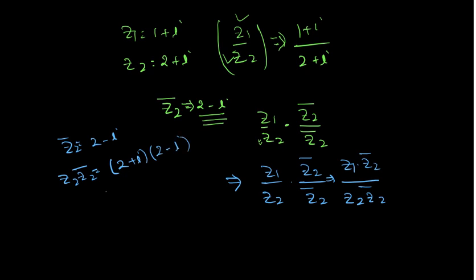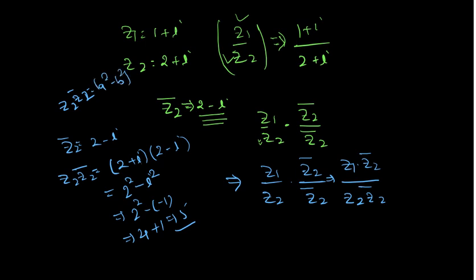Actually it is nothing but a plus b, a minus b. So what is that answer, a square minus b square. So 2 square minus iota square, and you know iota square is nothing but -1. So 2 square minus of -1. So if you solve it, you will get 4 plus 1, that is 5. Okay, so keep in mind z2 z2 bar is nothing but a square plus b square type of thing. So in that case z2 z2 bar will become 5.